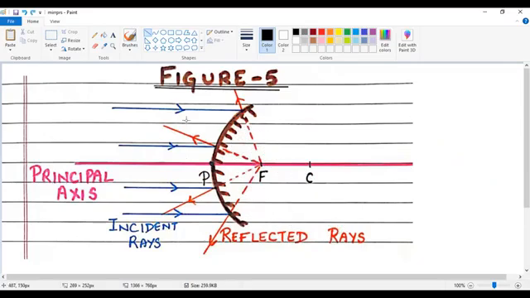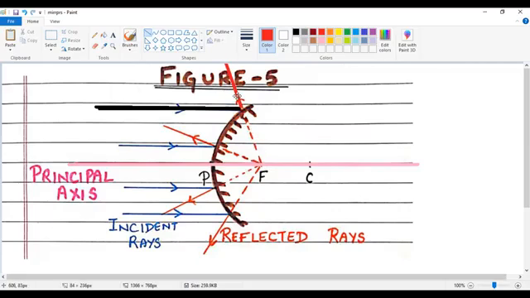Now students, first we have drawn a parallel incident ray which is parallel to the principal axis. Then at a certain point, it seems that this ray is coming from one point.